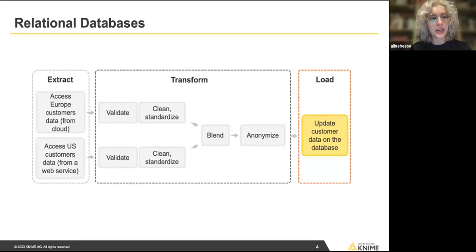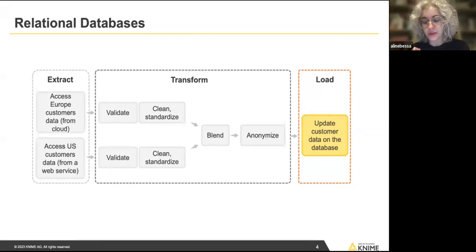So in this example here, we have in the extraction part, access Europe customers' data from the cloud or from a database. So, you can also read data from a database or access US customers from a web service by performing, I don't know, a GET request. And then there is all the transformation, right?